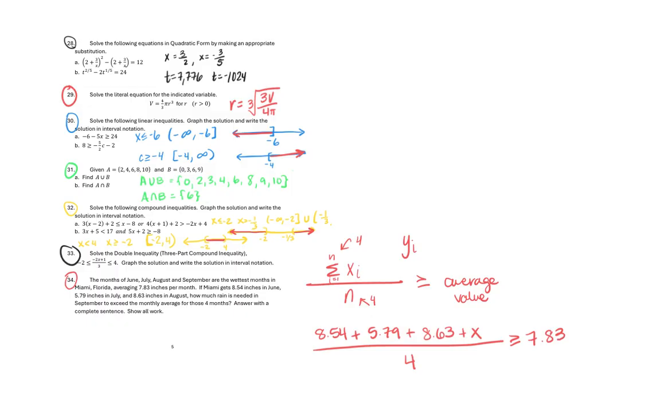So the first thing we want to do is times 4 on the 7.83. So that equals 31.32. And then we're going to have this greater than the 8.54 plus the 5.79 plus the 8.63 plus x. In order to get x by itself, we need to subtract all of this from the other side.